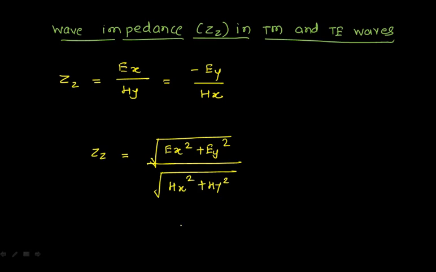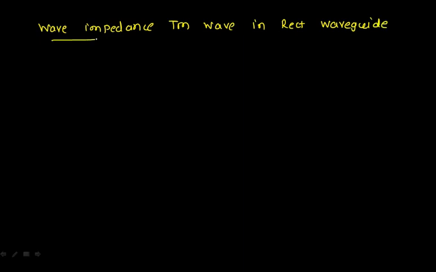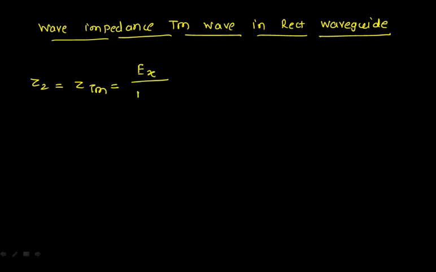Now we'll first talk about the wave impedance of the TM wave in a rectangular waveguide. We are going to use only one formula which we have seen previously in the first equation. So Z here I'll denote as ZTM, as I'm talking about the TM wave. So this will be Ex by Hy.